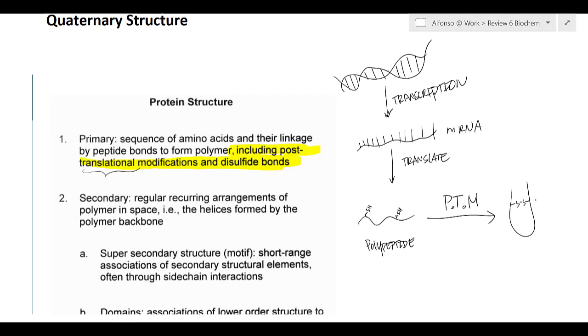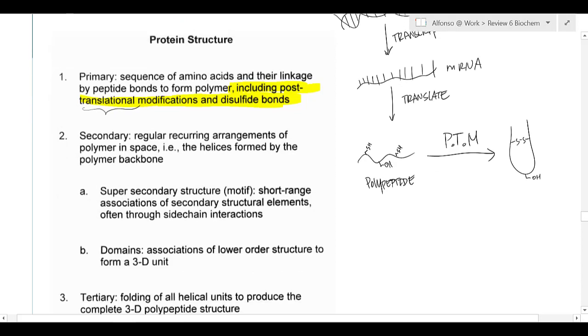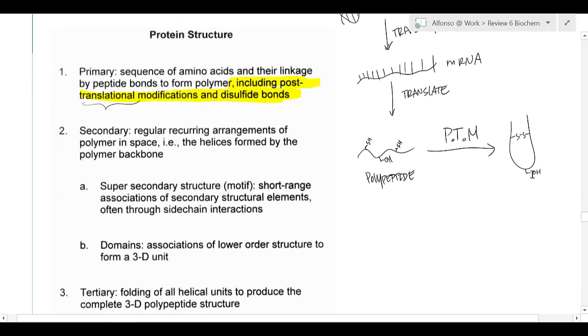Does that make sense? What if we had a hydroxyl here? If we had that hydroxyl on this polypeptide chain, how can we further modify it? What amino acid residue is this? Serine, good job. So how could you post-translationally modify serine?